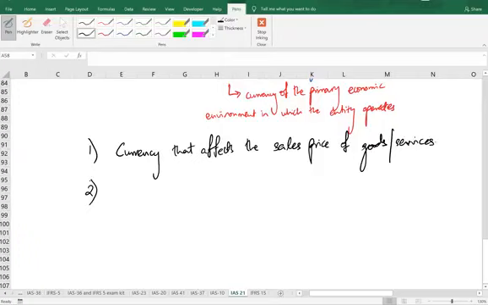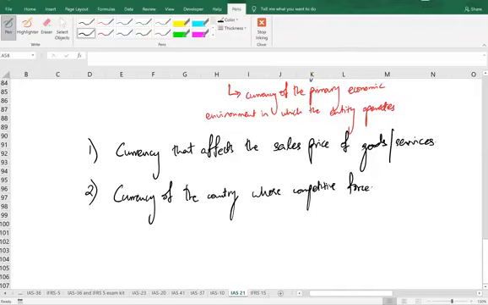Second factor, that's competitive forces.